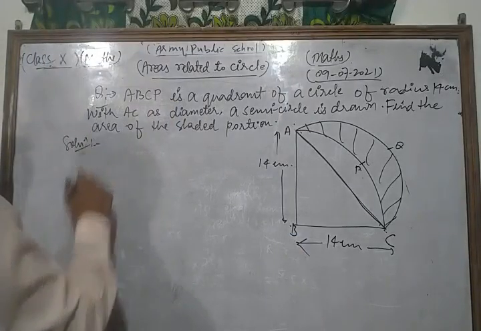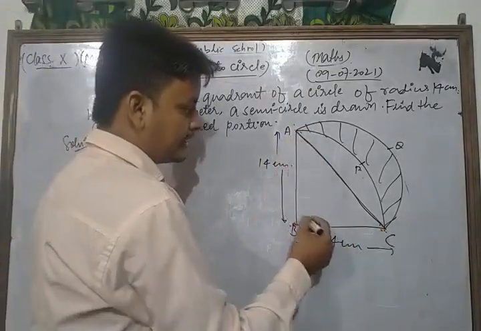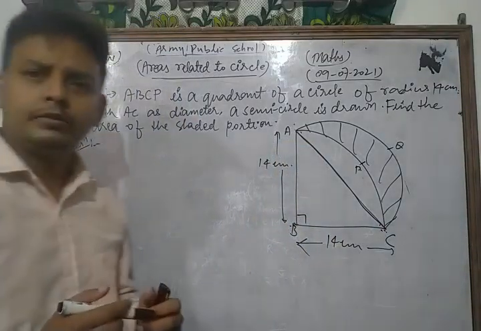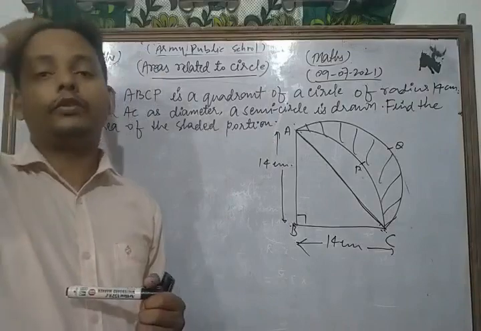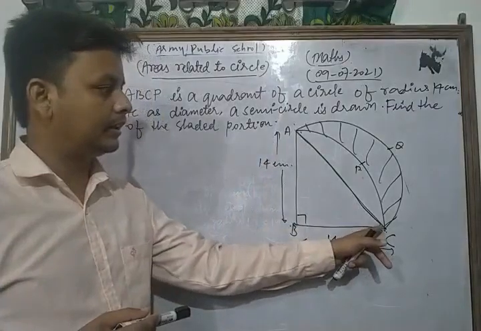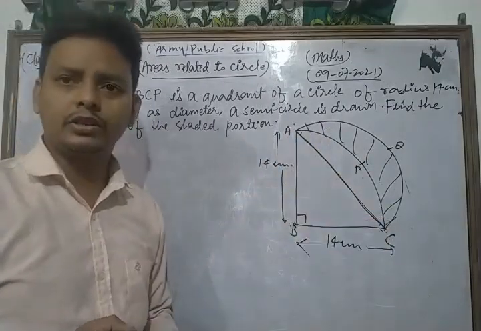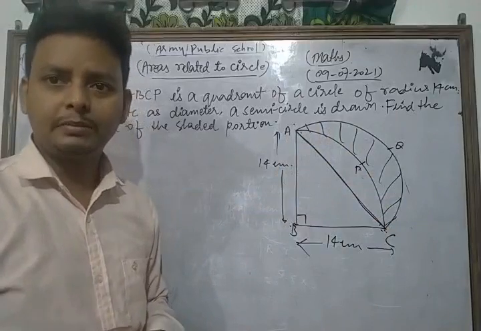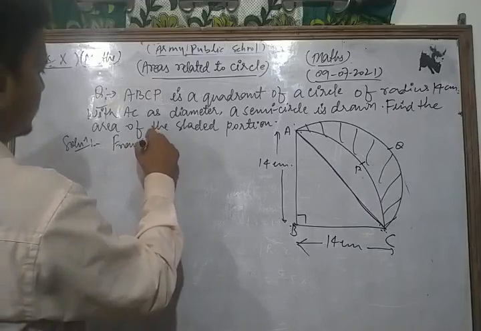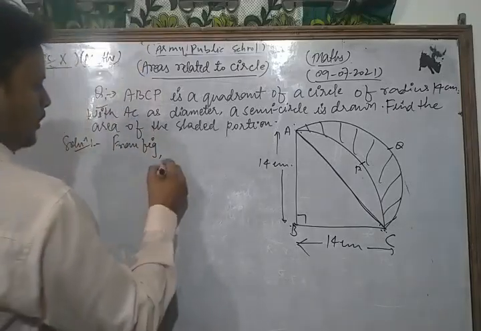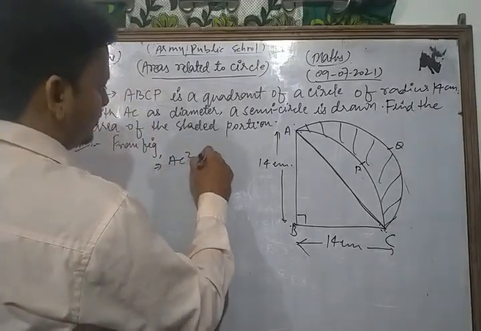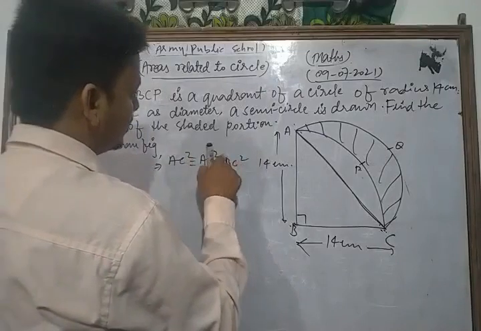First of all, dear students, look here. ABC is a right angle triangle, and for any right angle triangle we apply the Pythagoras theorem. So first of all we find the diameter of the circle which we drew. From the figure, AC square is equal to AB square plus BC square.